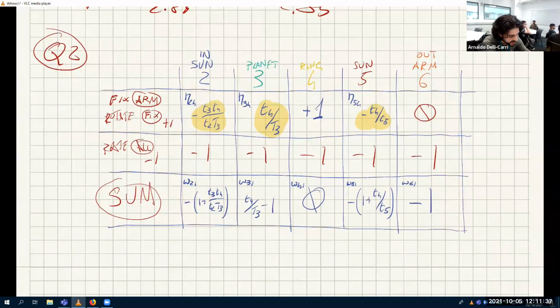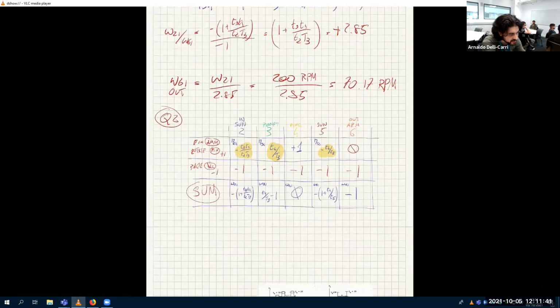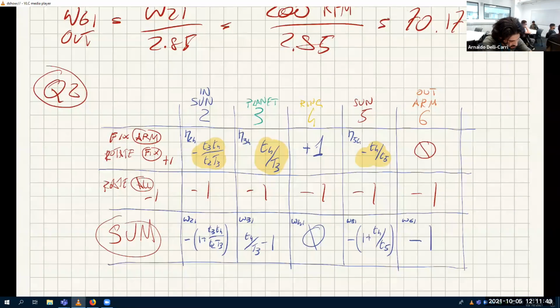So I just copied and pasted the same table down here. But now the ring is not fixed anymore. Now the ring is out. And the arm is nothing. And this sun is fixed. So how does this change the table? Well, you have to get rid of these, and these, and these.